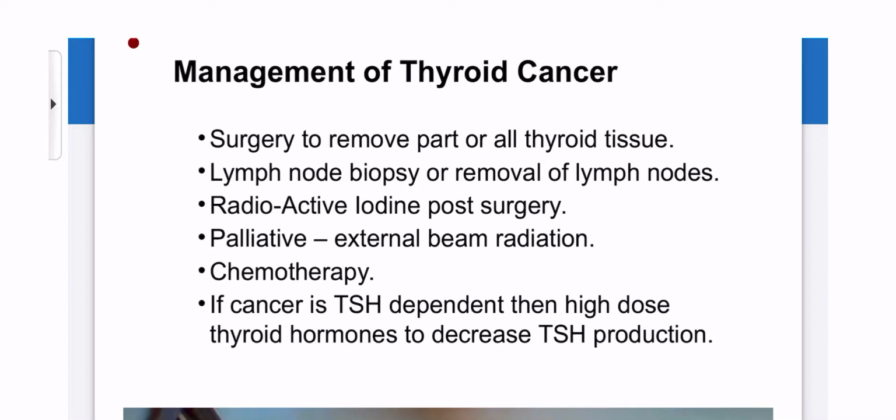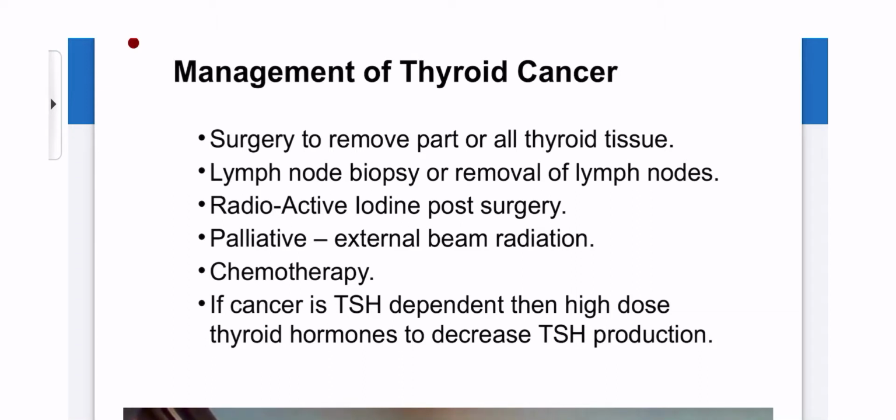If we're seeing in the labs that the thyroid stimulating hormone is high, we would give thyroid hormones, and then the pituitary gland would realize that it doesn't need to continue producing thyroid stimulating hormone anymore with a negative feedback system, because we're doing an exogenous dose of thyroid hormones.